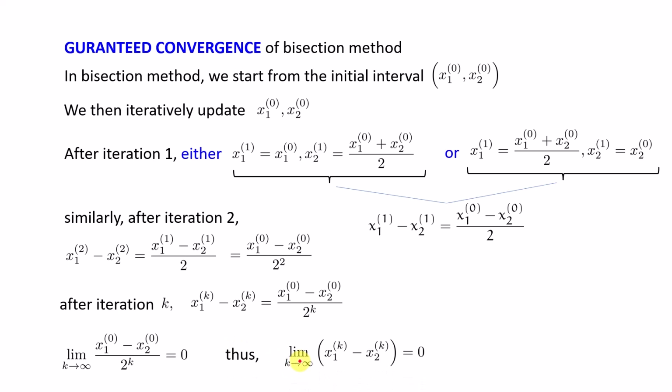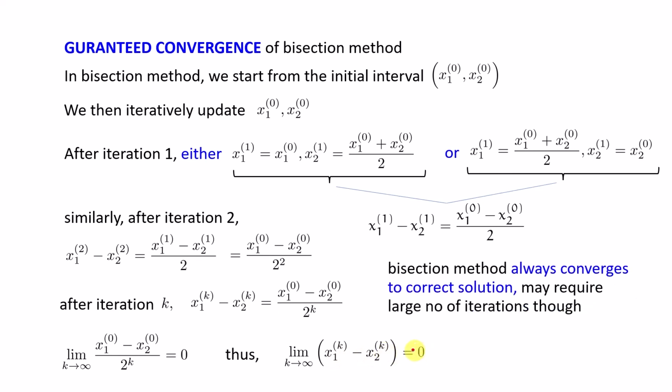So as k tends to infinity, x1k minus x2k equals 0. Therefore, we can say that the bisection method will always converge to the correct solution. Of course, to reach the correct solution, it may require a large number of iterations.